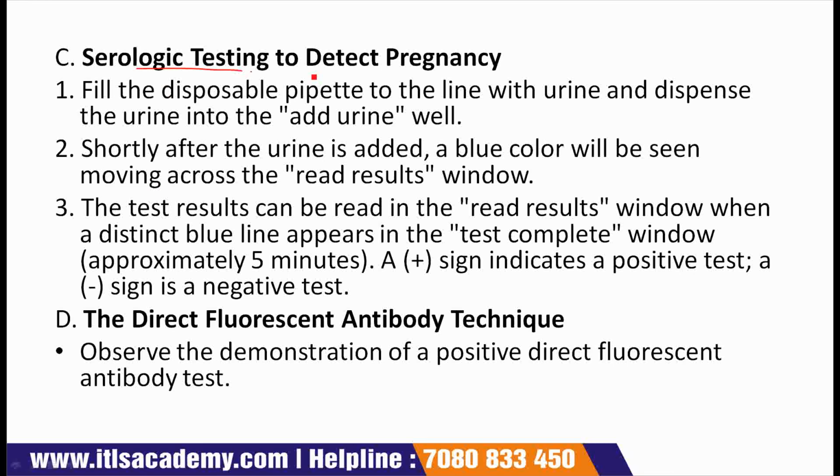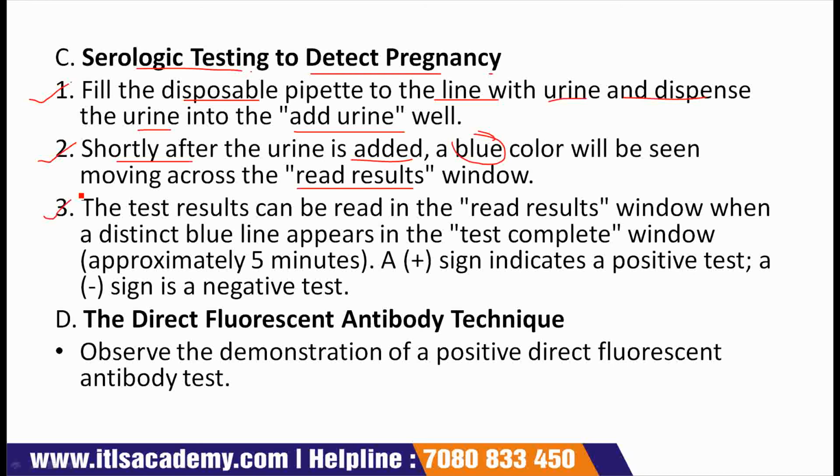Serologic testing to detect pregnancy. First point, fill the disposable pipette to the line with the urine and dispense the urine into the add urine well. Next point, shortly after the urine is added, a blue color will be seen moving across the read results window.